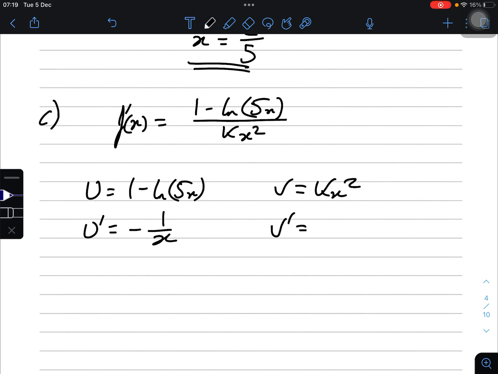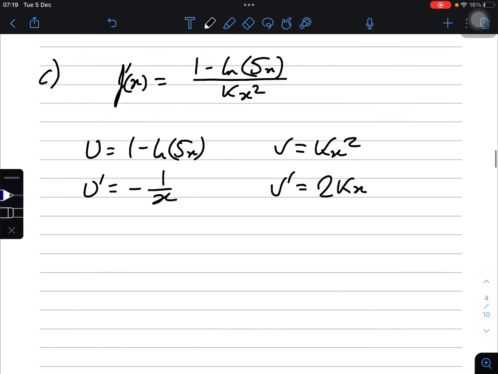And our differential here would be multiplying by 2, taking 1 away from the power, 2kx. Plugging this all in, our second order differential of x would be u dashed v, so minus 1 over x times v, kx squared.